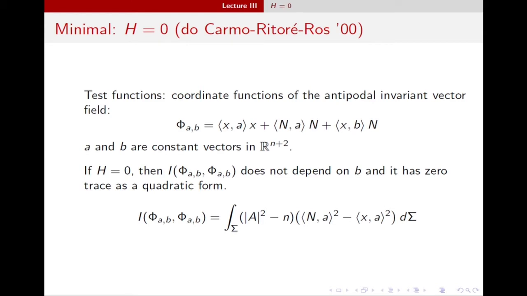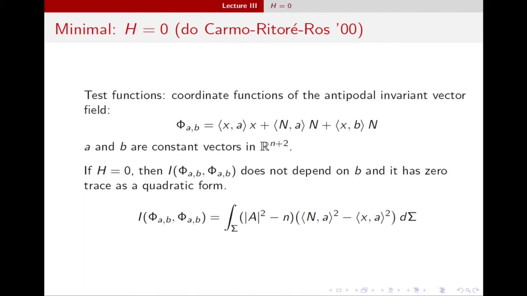And also, if you look at this expression as a quadratic form on A, then the trace is also zero. It's very easy to check that it's zero because the norm of n and the norm of x is 1 because our hypersurface is on the sphere. Okay? And so the question is, can you choose B to make sure that the vector field phi is balanced?